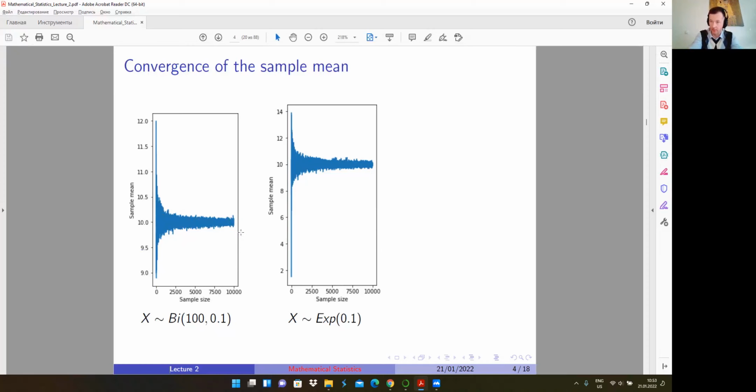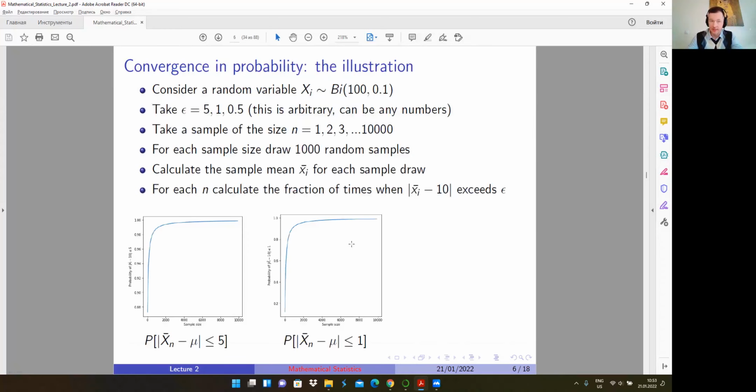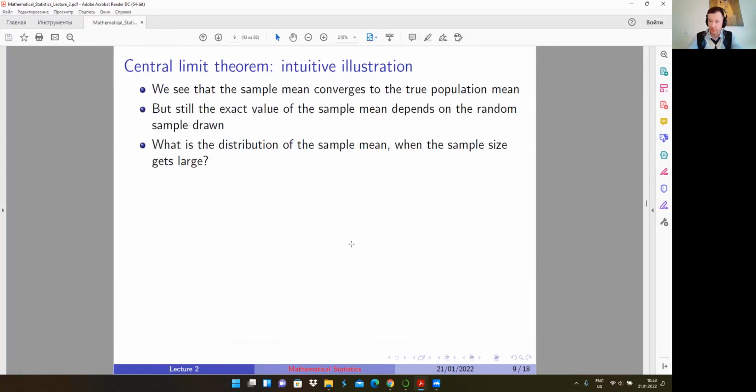Okay, in this case I know that it is 10, but in principle, if I don't know the distribution of my random variable, I don't know where exactly my sample mean converges. Therefore, there is still some distribution of the sample mean, even though I increase the sample large enough. And I still want to know what the distribution of the sample mean is. That's the first question we posed in this lecture.